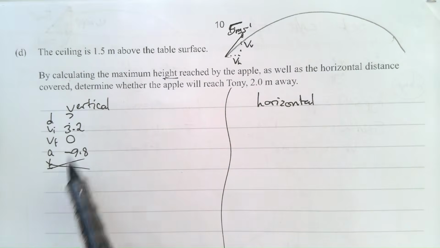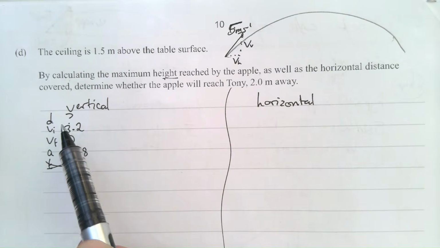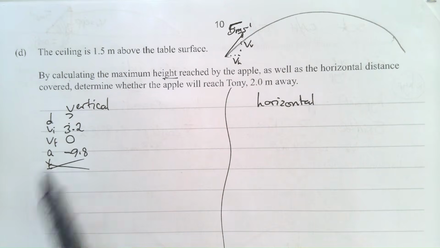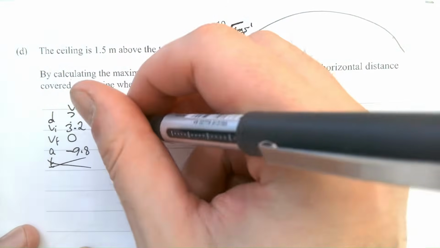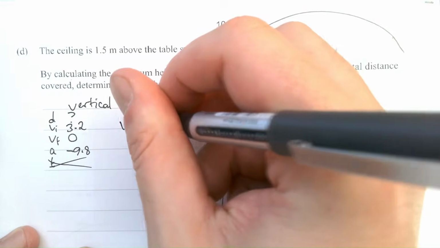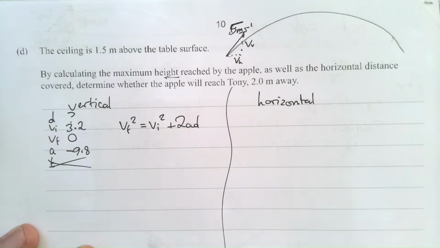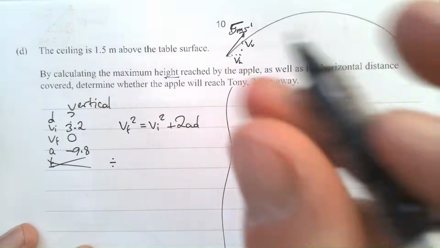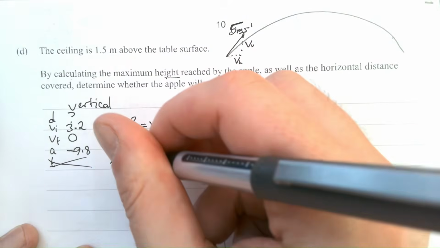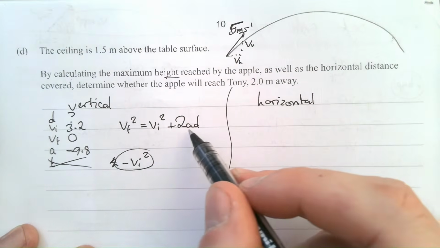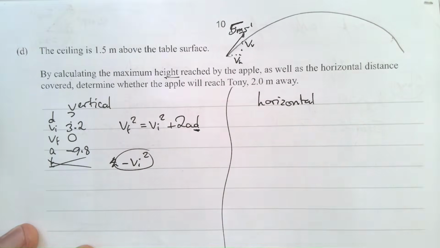We don't need t yet, so I'm going to cross it out. Then I need an equation that links together d, vi, vf, and a. That equation is vf squared equals vi squared plus 2ad. I want to get d on its own, so I'm going to subtract vi squared from both sides, because again, we have to get rid of the stuff that's added to the desired variable before we can do anything else.